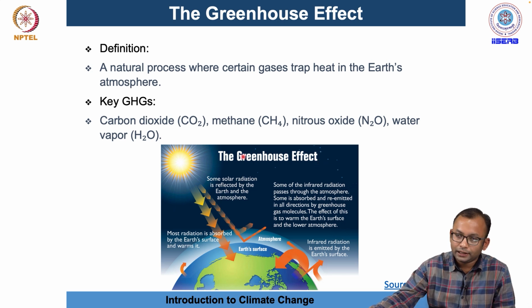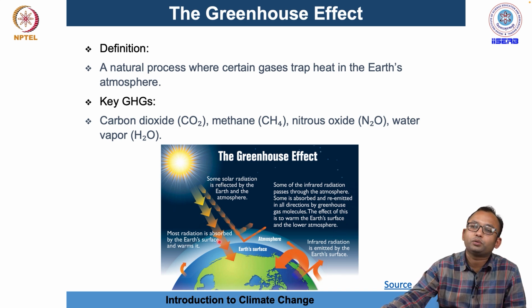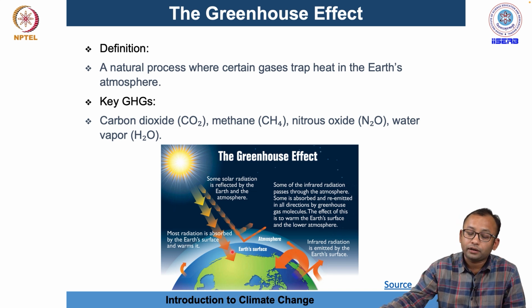So, what exactly is the greenhouse gas effect? You have a source, the sun, where some amount of radiation is emitted towards the target. The target here is the earth's surface, and this is in the form of short wave radiation. Some of this radiation passes through the dense clouds, troposphere, or atmosphere of the earth and reaches the ground, and because of the ground conditions and land use land cover characteristics, some amount of short wave radiation is absorbed by the earth's surface.